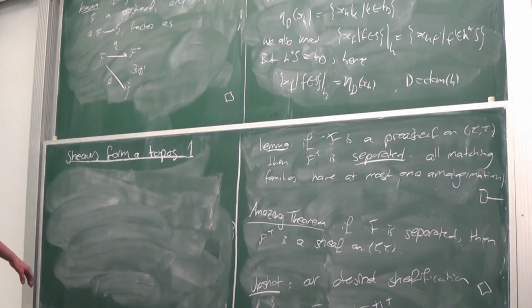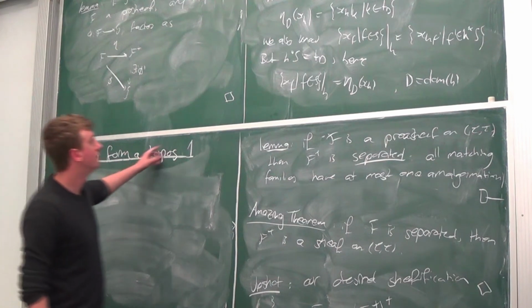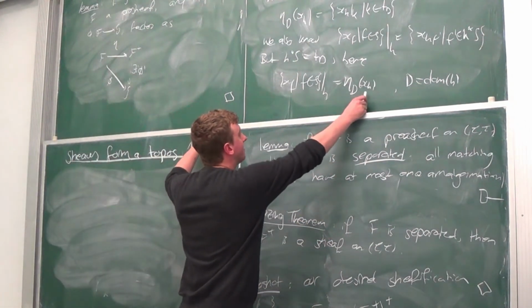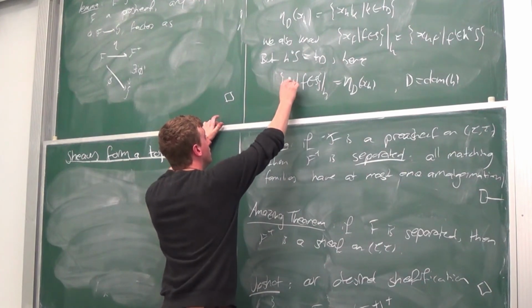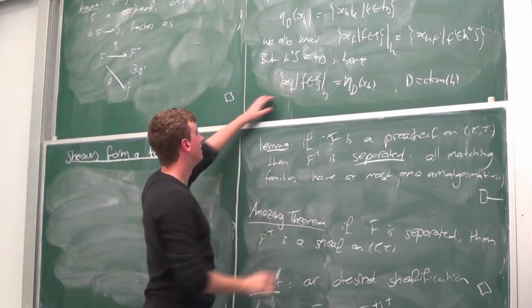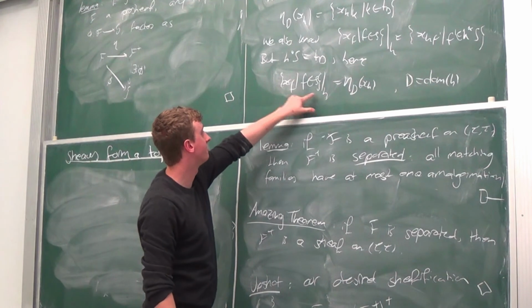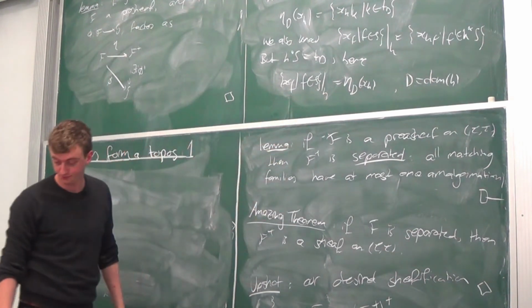Okay, so what do we know at this point? So we know that e to d of xh, for some h in S, is just going to be equal to the restriction of this matching family along h.